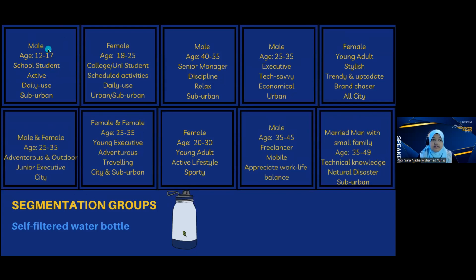Okay, contohnya we have male, age 12 to 17, school student, active, daily use, and suburban. It consists of all, I may say, demographic, geographic, psychographic, and also the behavioral tadi. Okay, alright.